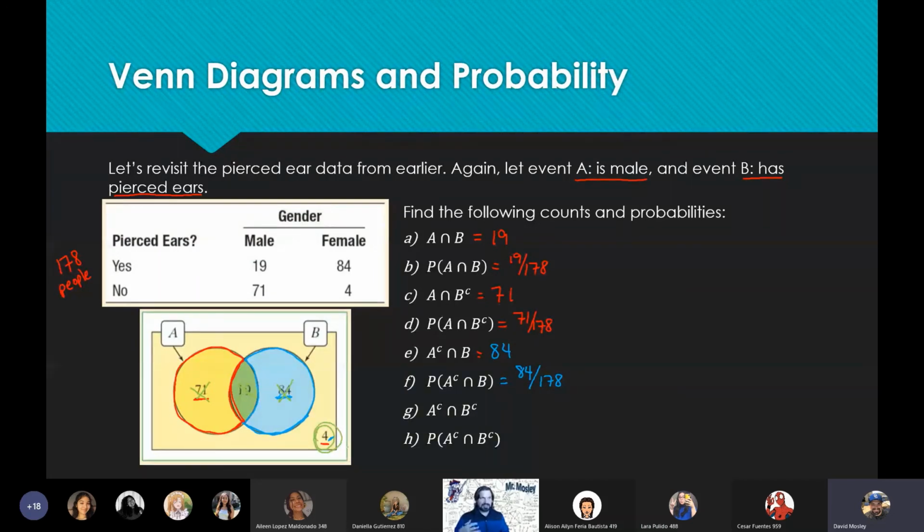That's the only thing that's not in A and also not in B. Representing essentially the number of students that are female, not male, and don't have their ears pierced. These 4.